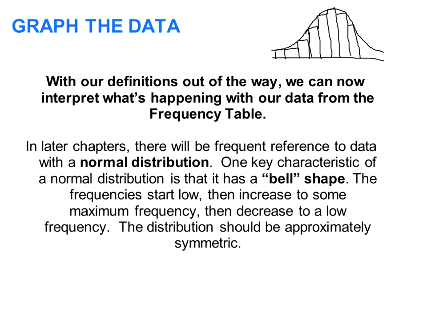So the frequencies start low, go up to a maximum height, and then come down low again. If that's what the histogram is doing, then you have a normal distribution. But if the bars in your histogram don't start low, reach a maximum, and then come back down again, then you have some other type of distribution.